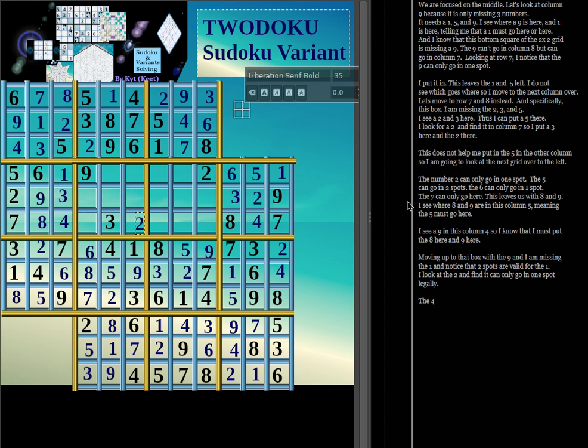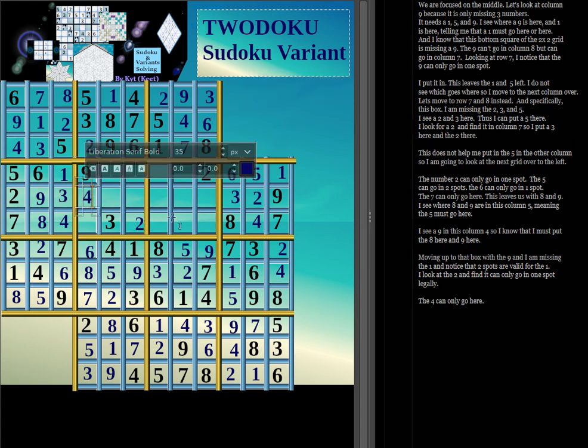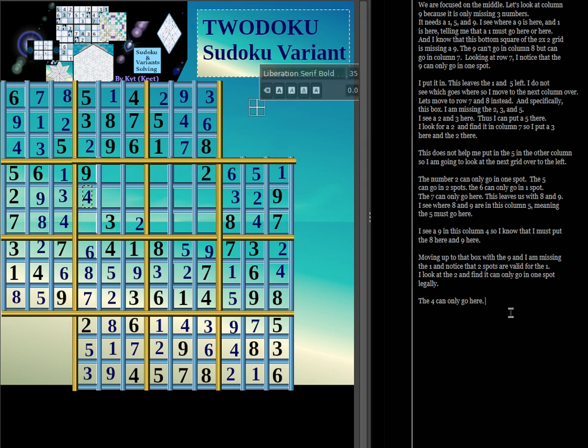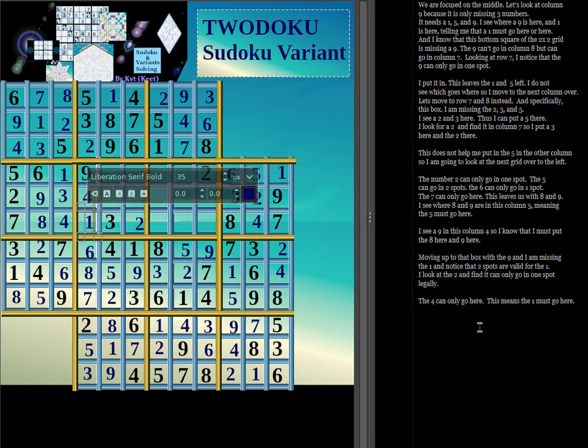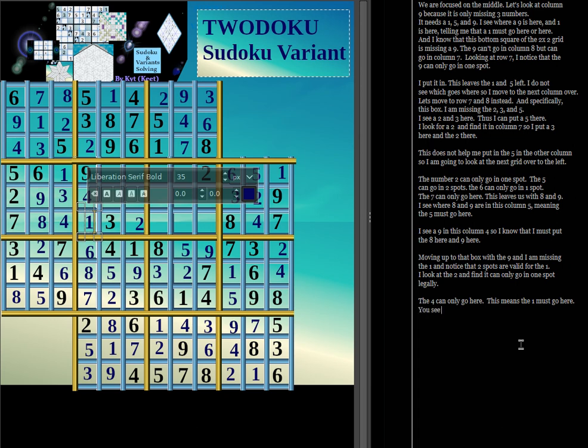The 4 can only go here. This means the 1 must go here. You see where 1s already exist, leaving us only one legal spot.